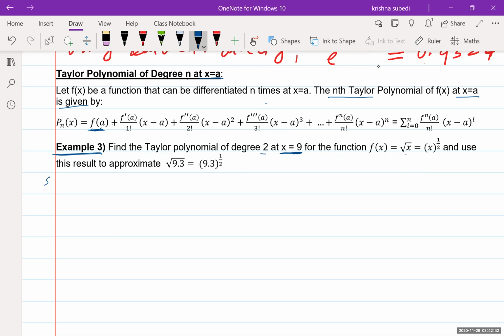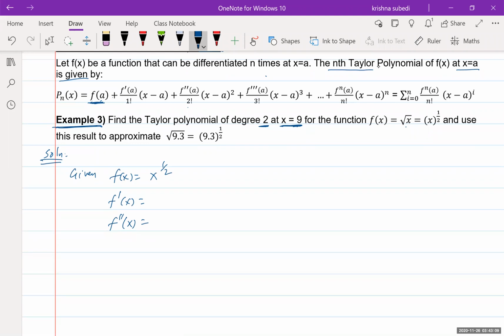So now, okay, what is given here is f of x is given to be square root of x. Degree 2, so we want to find up to the second derivative. Guys, can you find it out for me? So the first one will be 1 over 2 square root x. The second one will be negative 1 over 4.